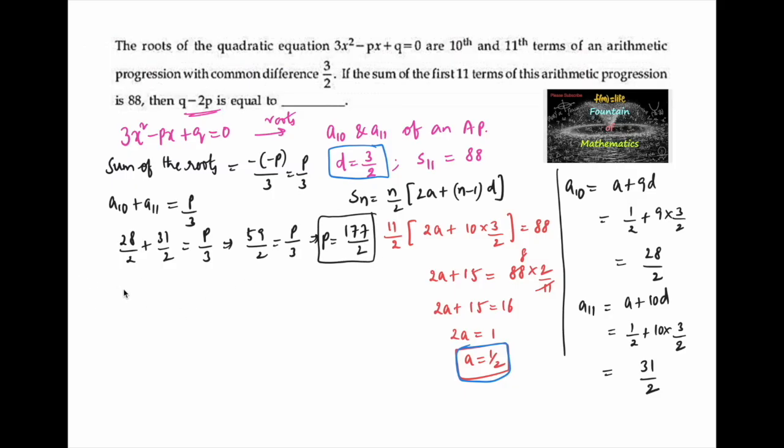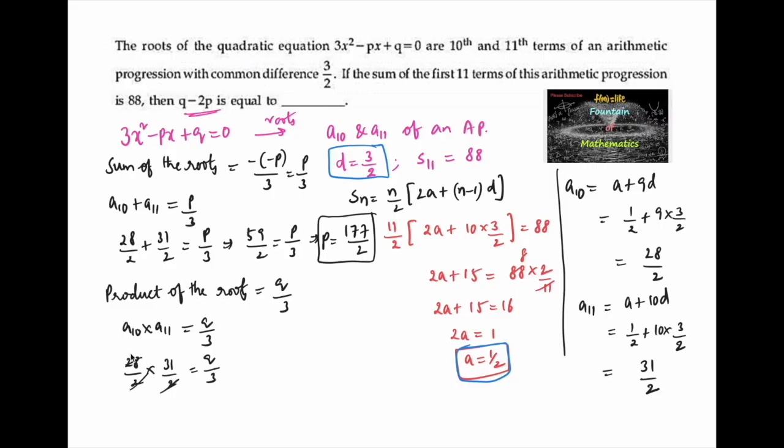Also the product of the roots is c by a, that is q upon 3. So here we can write a10 into a11, which is equal to q by 3, that is 28 by 2 into 31 by 2, which is equal to q by 3.